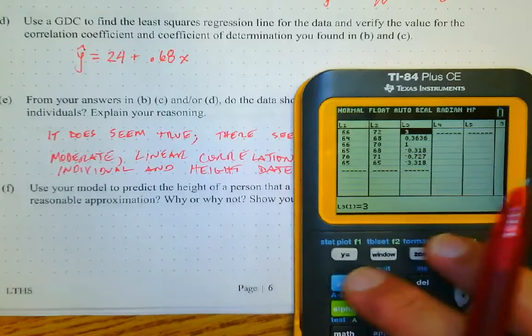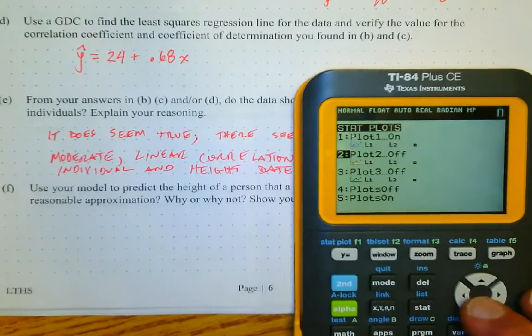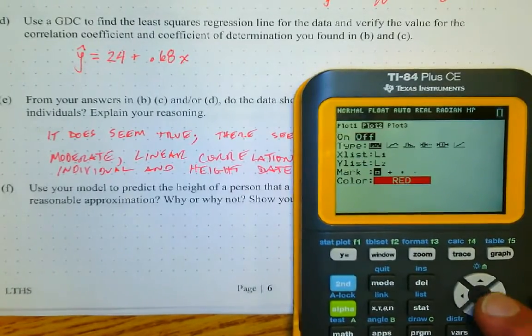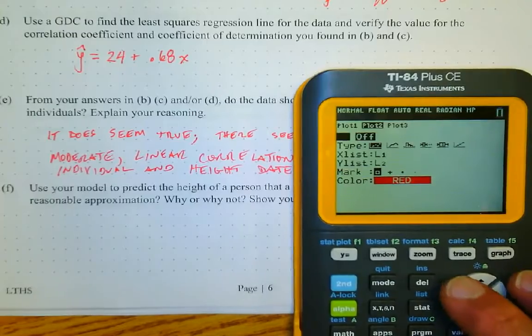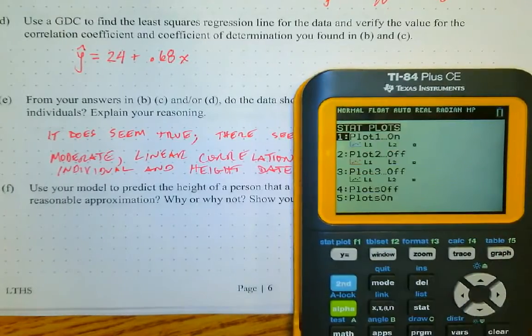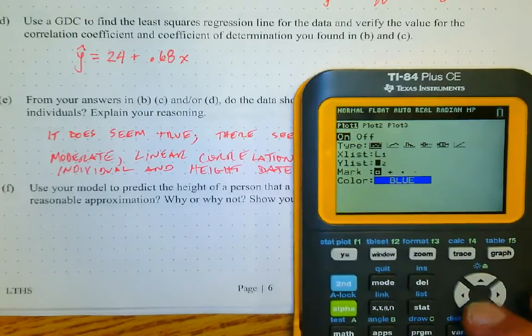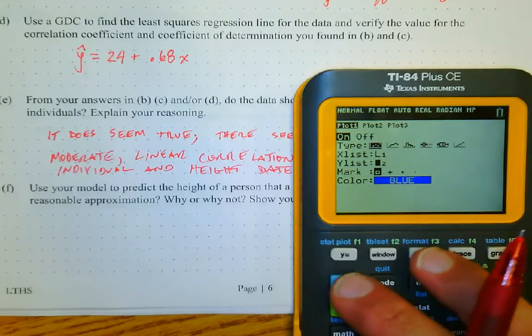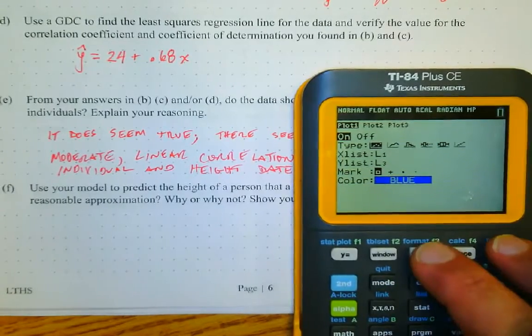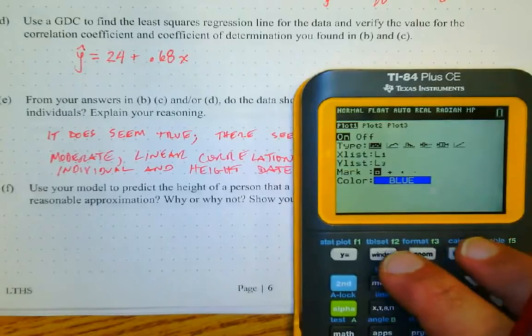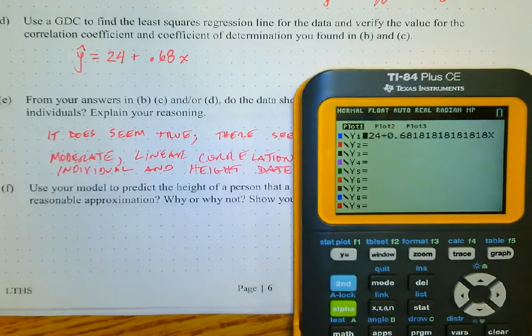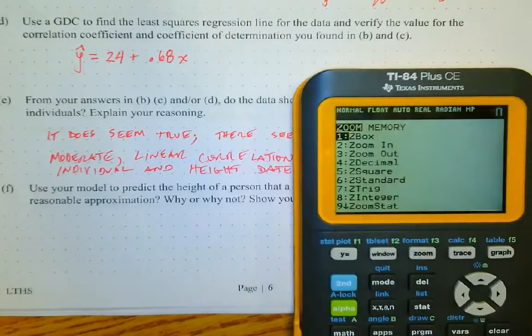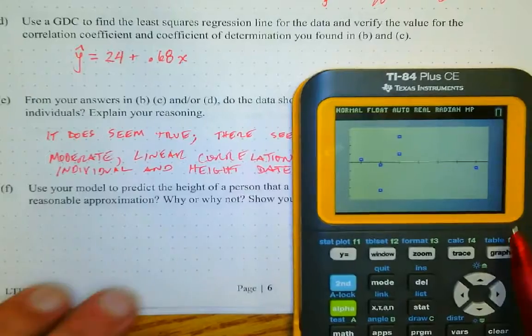Okay, and then I can come to second plot, and I can turn my scatter plot on, and let me actually go to plot 1, and I'm going to change it from L1 and L2 to be L1 and L3 to do my residual plot. Okay, I'm going to go to y equals, turn off that, and go zoom 9, and there's my residual plot.